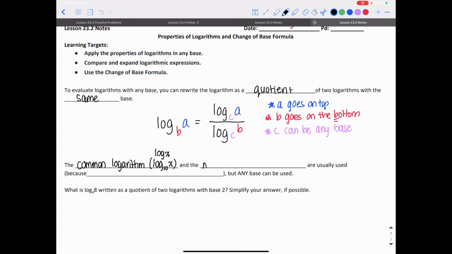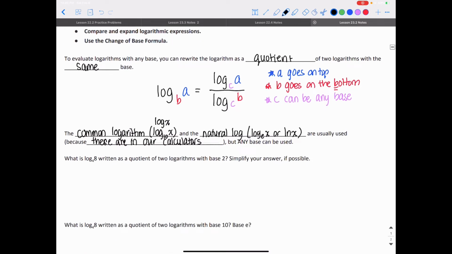And the natural log is log base e of x, or in your calculator it's ln of x. These are usually used because these are in our calculators.